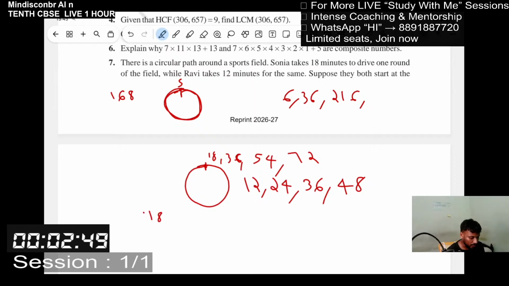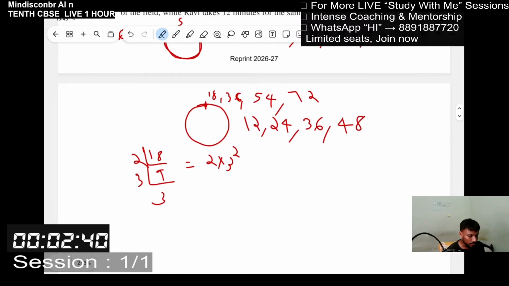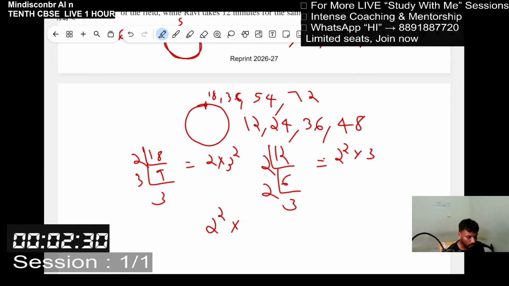Here 18 is 2 into 9, that is 2 into 3 square, and 12 is 2 into 6, that is 2 square into 3. So the LCM is 2 square into 3 square, that is 4 into 9, 36.